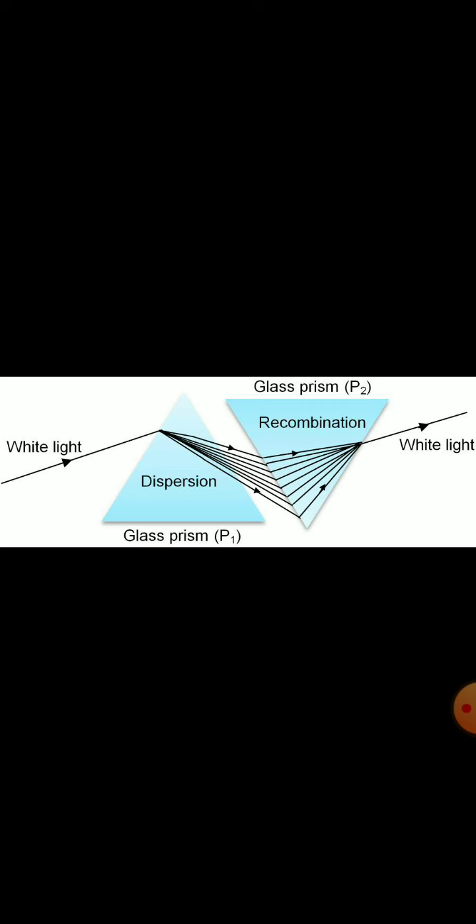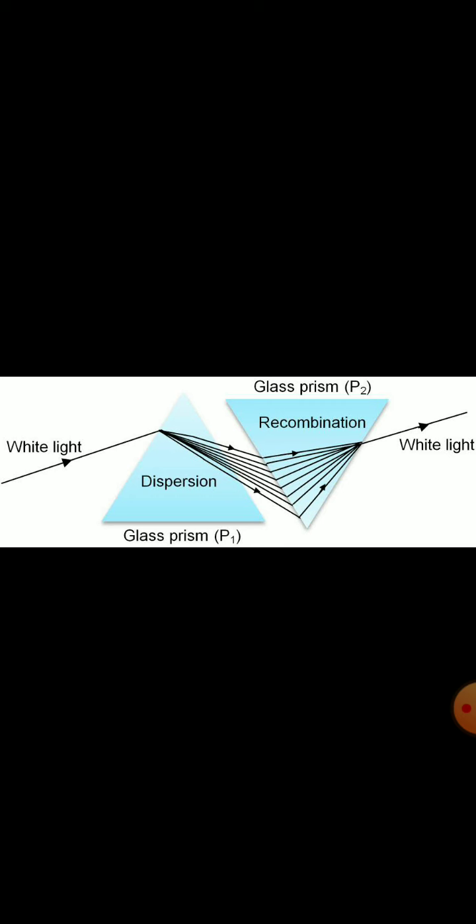So what did he do in that experiment? He used two prisms. We know that when a white ray is incident, it disperses into a band of 7 colors. So he made an arrangement as shown in the figure, and with the first white ray incident, he got dispersion into 7 colors.